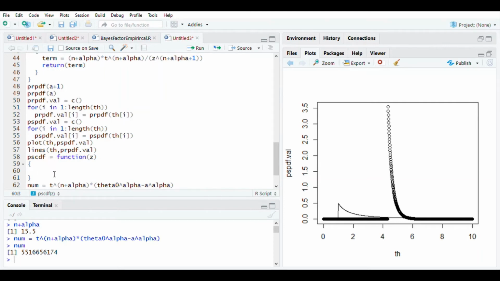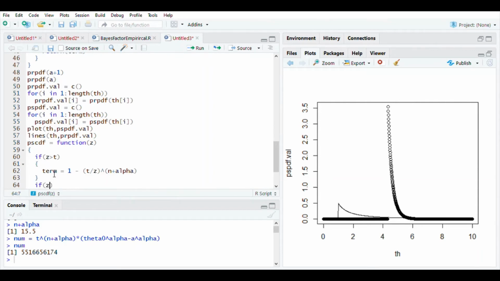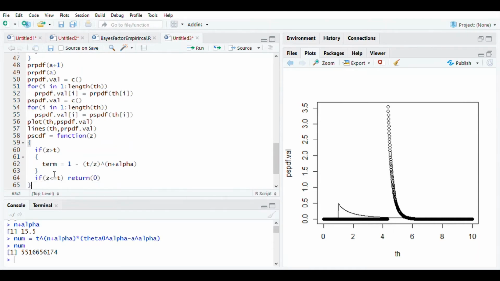If Z is greater than T, then it will return 1 minus T upon Z whole raised to n plus alpha. This will be the value of the posterior CDF, and if Z is less than or equal to T, it will return 0. Okay.